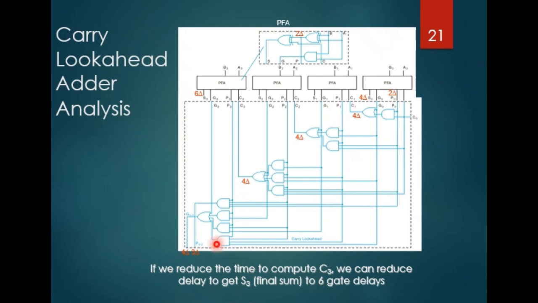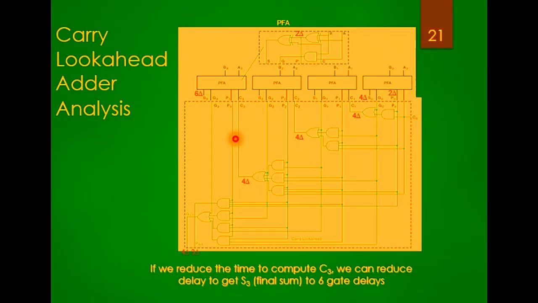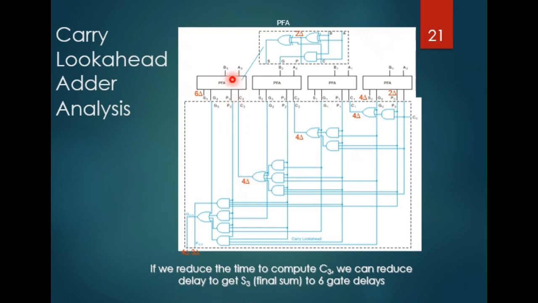And you can see that instead of 2n plus 2, now the carry out will be generated after 4 delays. The triangle indicates the delay. So all the carry out will come out almost at the same time, which is after 4 delays. And the C3, after 4 delays, C3 will be generated, and it will take 2 more delays to generate the sum signal.